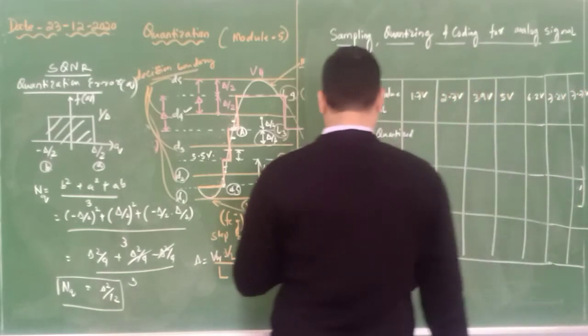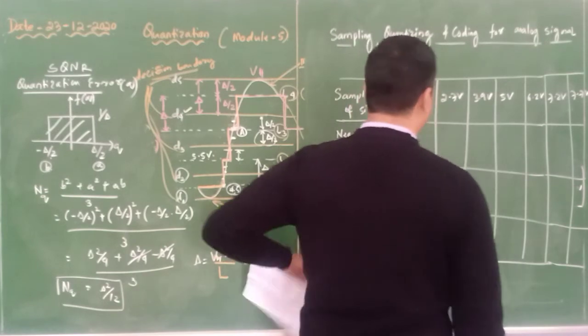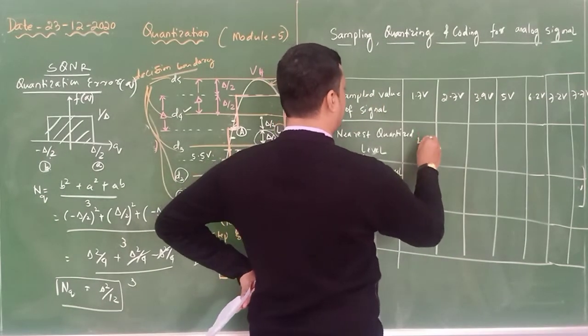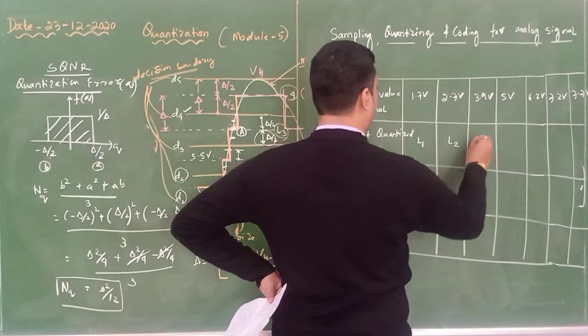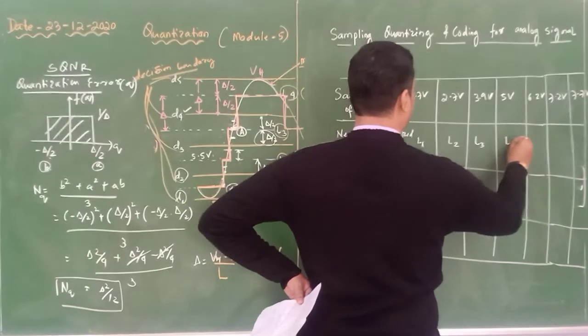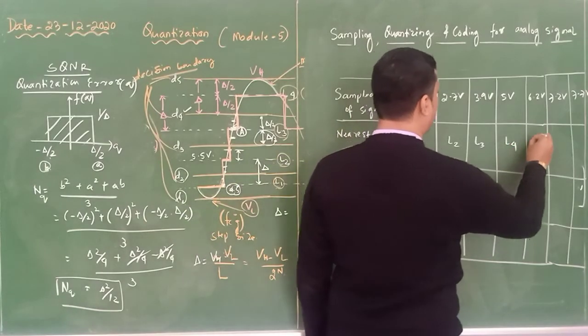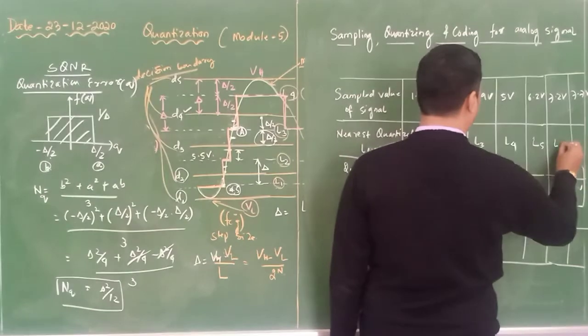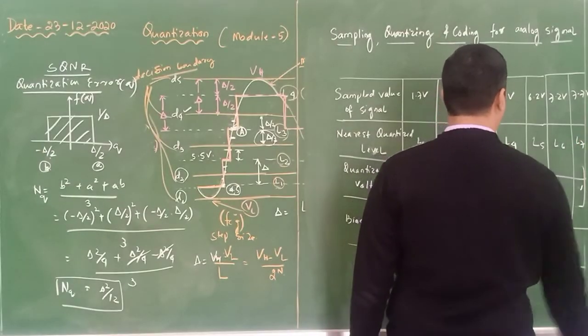Okay, and this is L1, this is L2, this is L3, this is L4, this is L5, this is L6, this is L7.